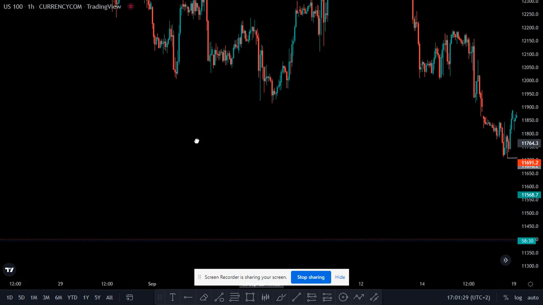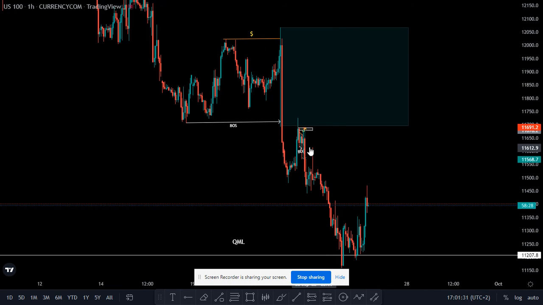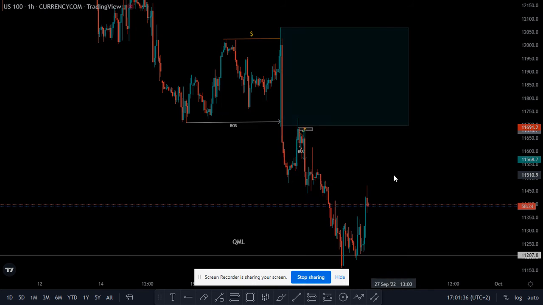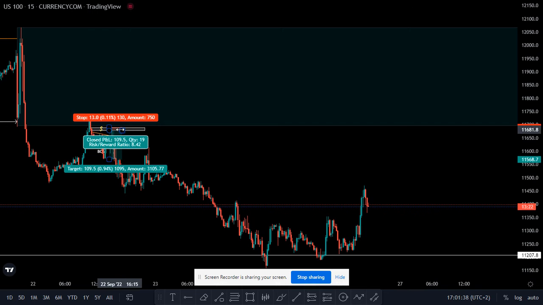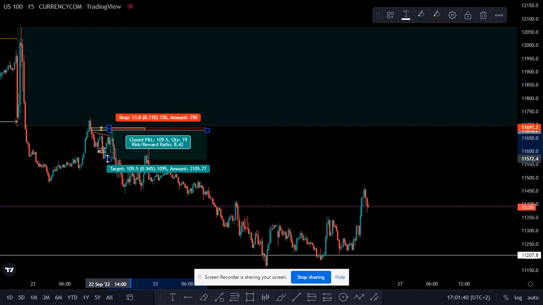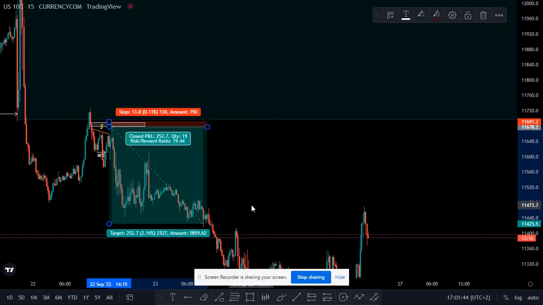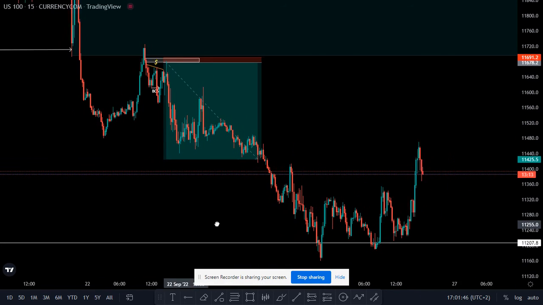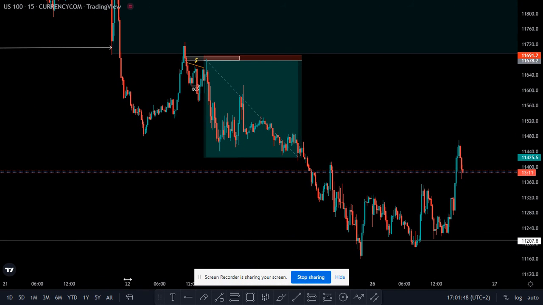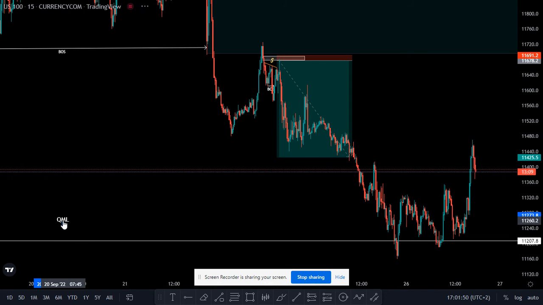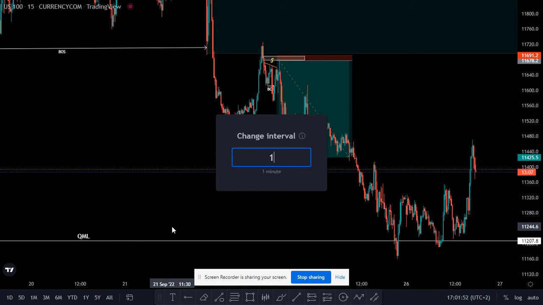Let me just mark it back. Okay, let me go back just to 15 minutes so I can move with this. So for our take profit, we had a QML which we identified a long time ago. This is a 1 hour QML.